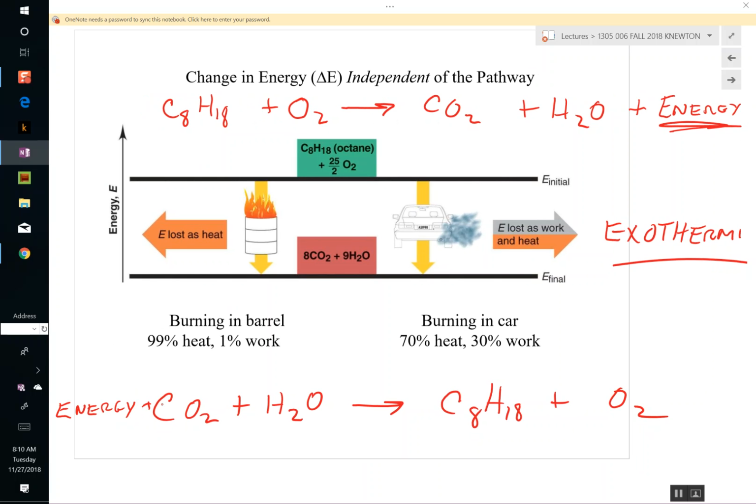It's not saying that this reaction is impossible. It's not impossible. The oak trees outside are doing that all day long. They're converting carbon dioxide and water into, not the gasoline, they're converting it into sugar.